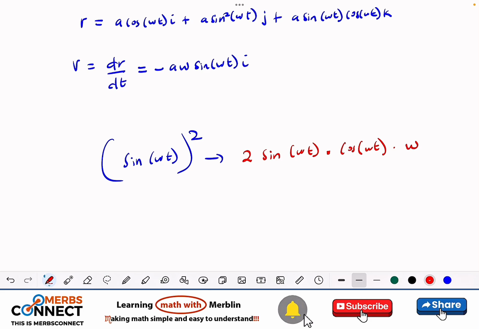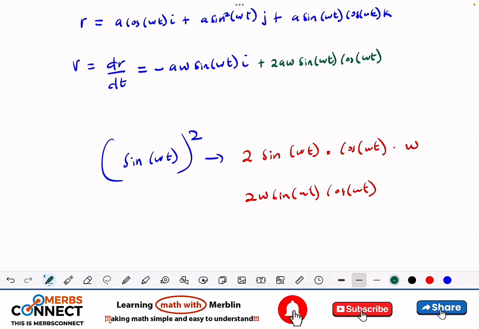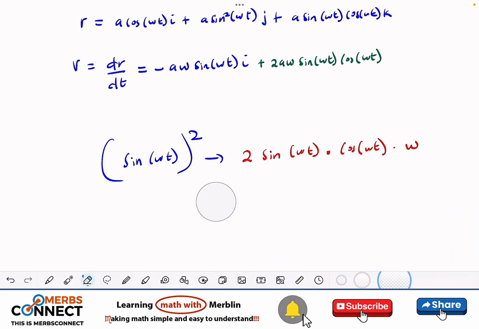So this is going to give us 2 omega sine omega t cos omega t. But don't forget we have a also here, so this is going to give us plus 2a omega sine omega t cos omega t. Good, so that's what we are going to get from the differentiation.